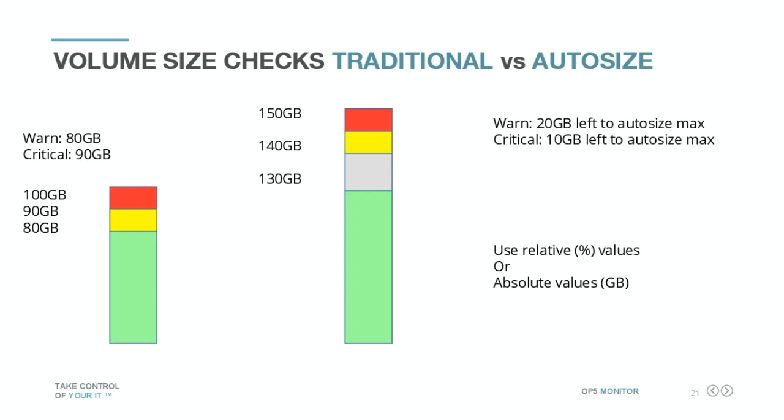You may use relative values, like warning is 80%, or you can use absolute values. So in case you have, let's say, a 10 terabyte aggregate and you want to alarm only when it has, let's say, 400 gigs of empty space left, you can do that.